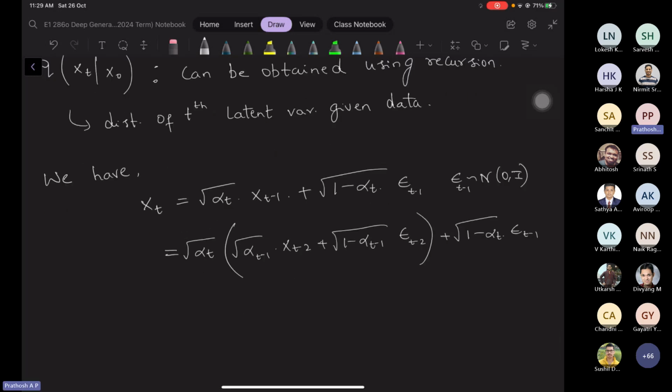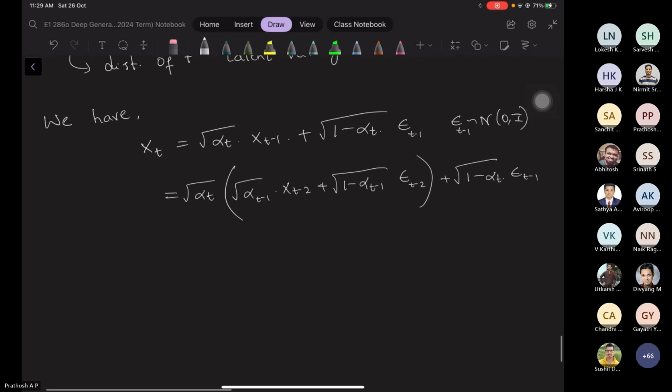Is this all right? Now you can keep recursing this till you get x naught, but we'll have to see how one step of recursion happens, and then we can generalize it.